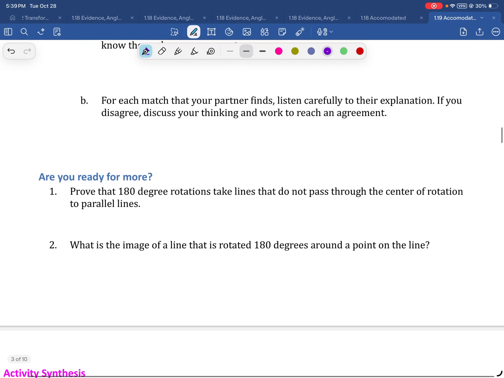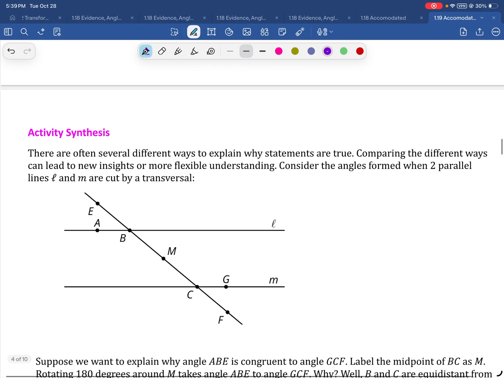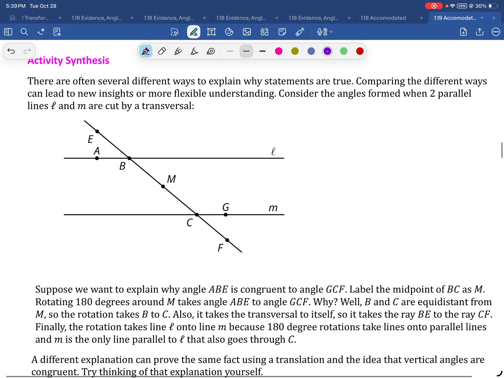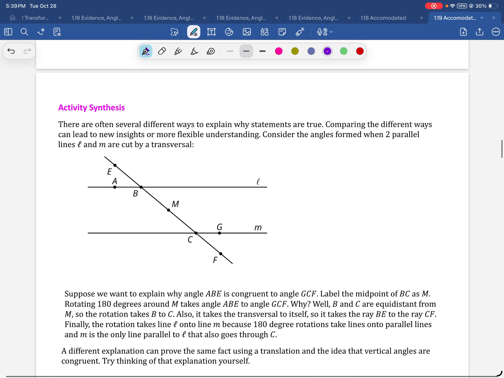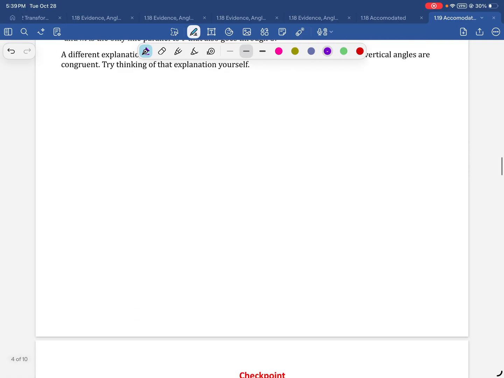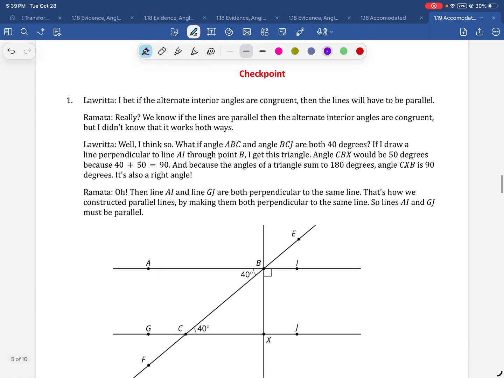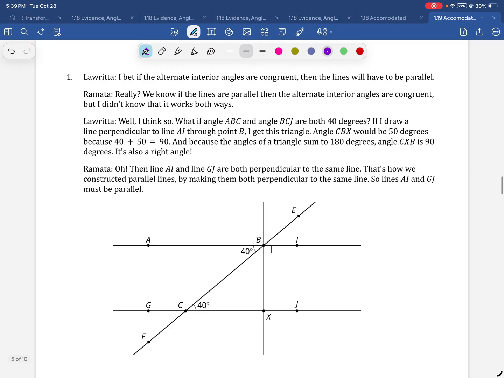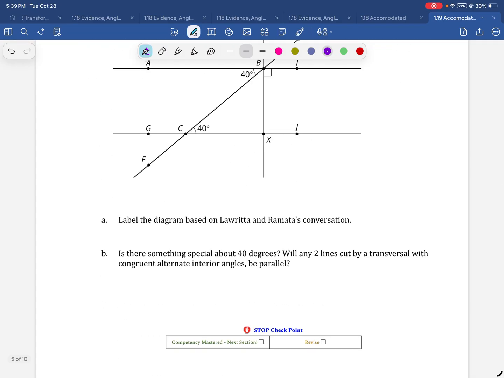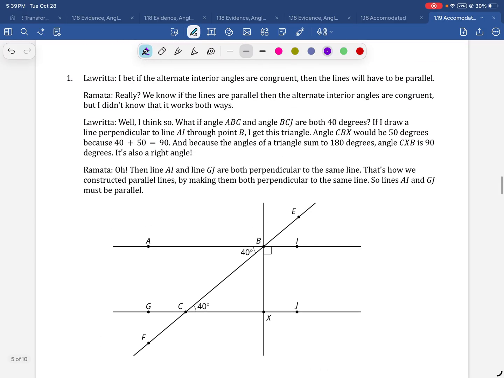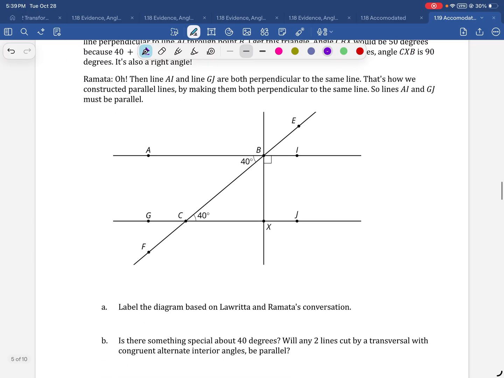We're gonna skip this. All right, so if you want to read through the activity synthesis, feel free. And checkpoint, if you have time in class, we're just gonna read it through, and annotate using color pencils for A. And B, is there something special about 40 degrees?